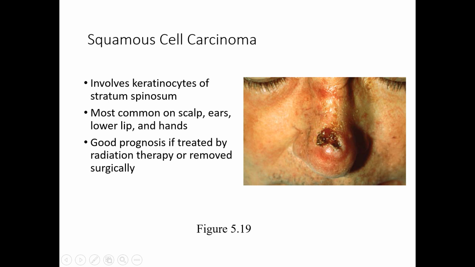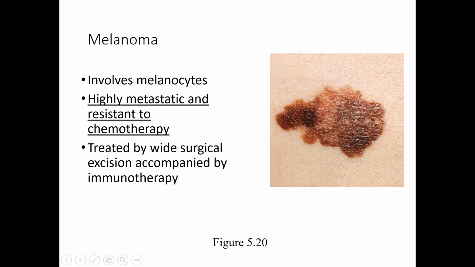Squamous cell carcinoma looks much worse. It can happen mostly on the scalp, ears, hands, lower lip, and prognosis depends on how early it was treated. At the beginning, it can be just surgery, radiation therapy, and in most cases it doesn't spread either.